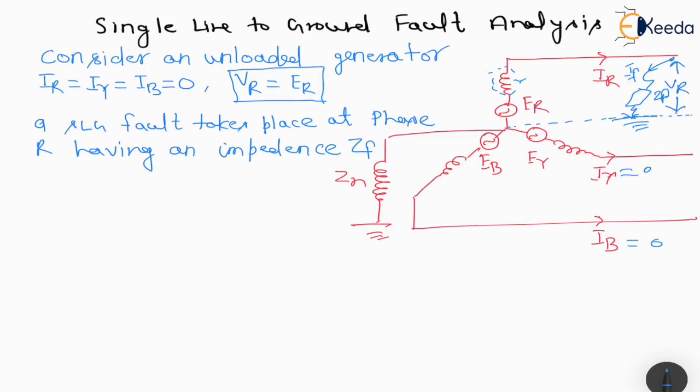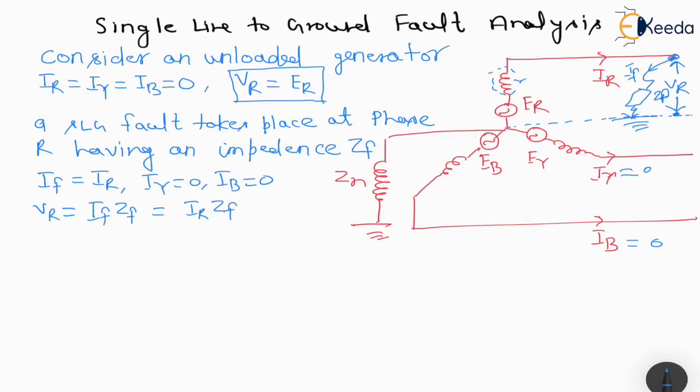Then there is no effect on IY and IB, so IY will be equal to 0, IB is equal to 0, and we can also write first of all IF will be equal to IR, and IY is equal to 0, IB is equal to 0, and also we can say that VR will be equal to IF into ZF. You can see from here to here VR will be equal to IF into ZF. IF is nothing but IR, so VR is IR into ZF.